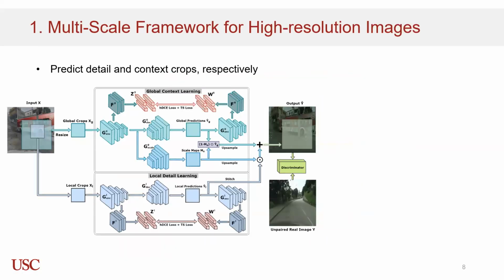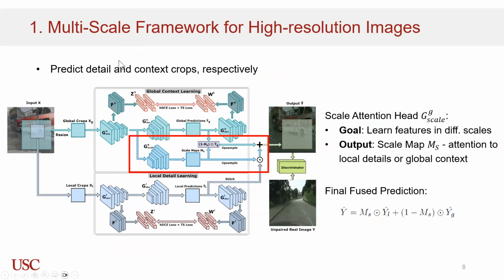And then I'm going to introduce the novelty. First, we propose the multi-scale framework for higher resolution images. As we said, we can predict the detail and context crops respectively on the global context learning and local detail learning branch.